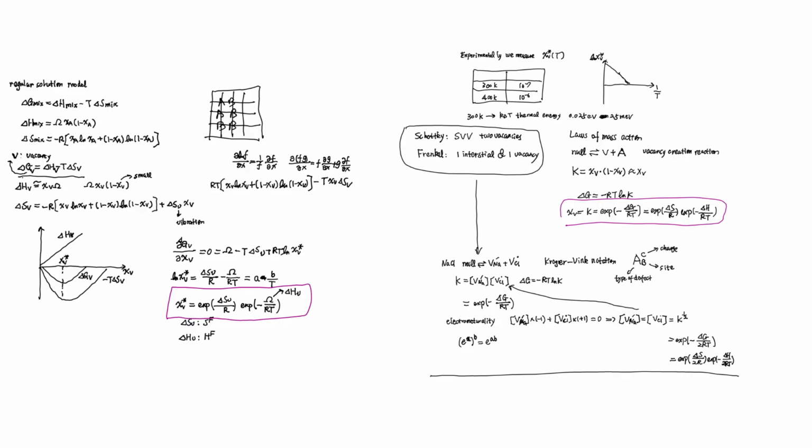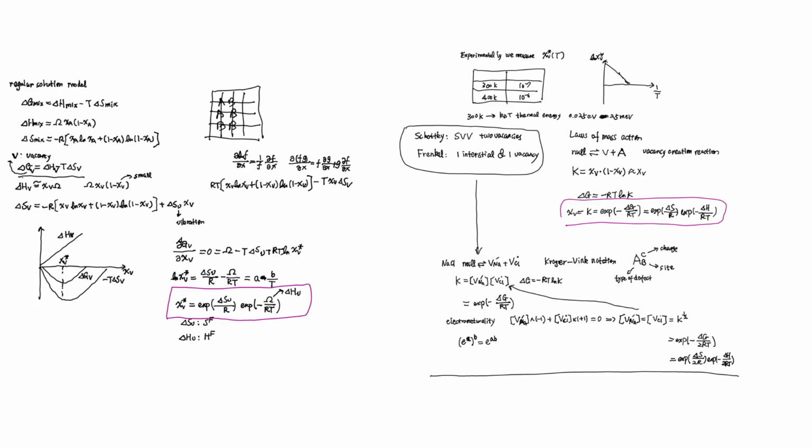If we look at the summation of these two, we get something like this for the delta G capital V, which means it has a minimum. So the free energy change has a minimum at a certain composition for the vacancy. We call this XV equilibrium, or asterisk, or star.